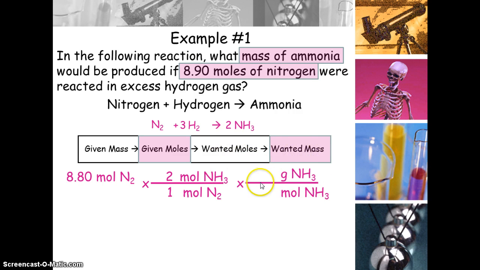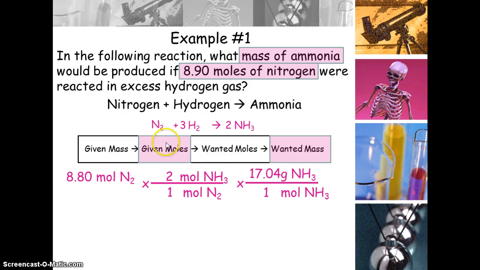So this is where we need to use our molar masses. We know that 1 mole of ammonia is going to weigh 17.04 grams, because if we add up nitrogen and 3 hydrogens, we get a molar mass of 17.04 grams. So now we've gone from given moles to wanted moles to wanted mass.